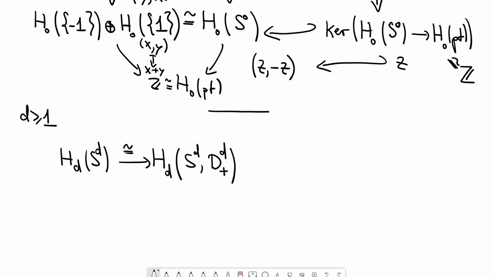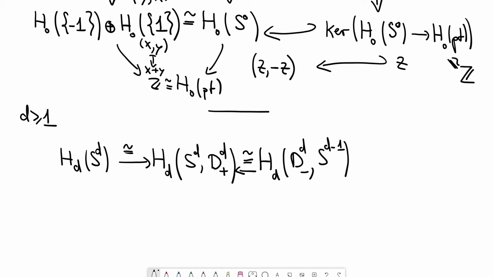This relative group we identified via the excision isomorphism with DD minus and the equator sphere SD minus 1. And the isomorphism was induced by the inclusion map.